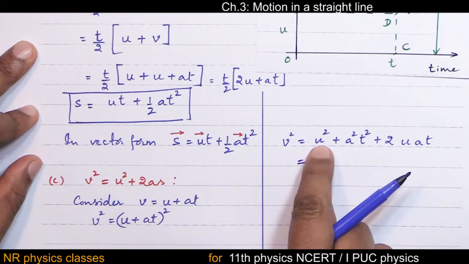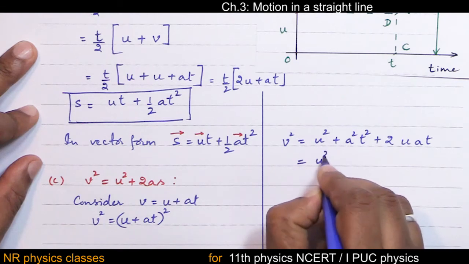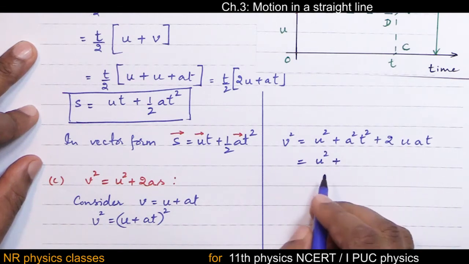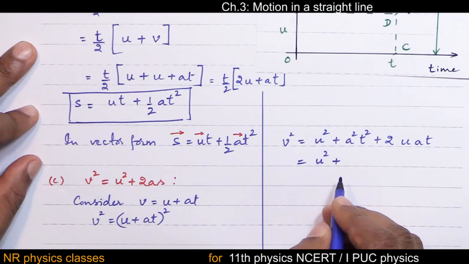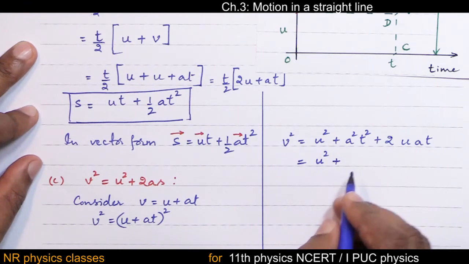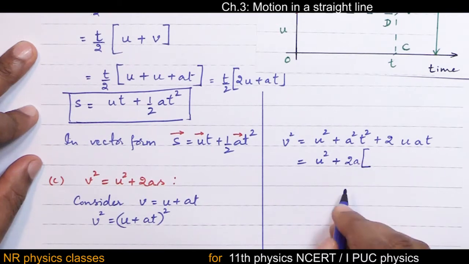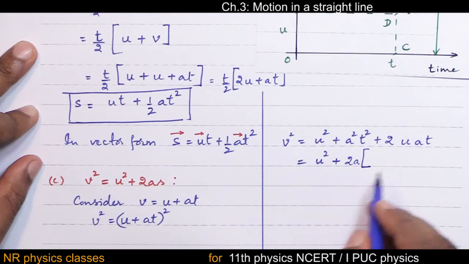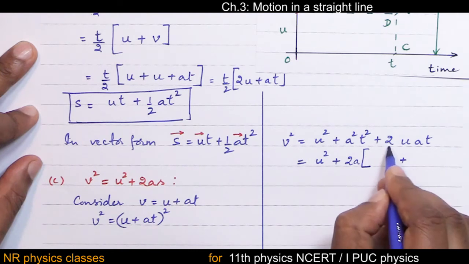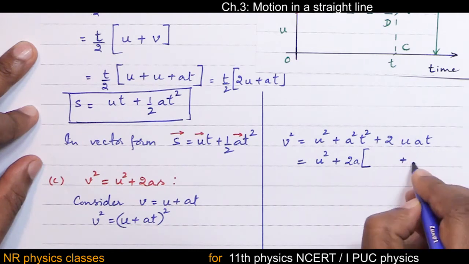There is U square, retain U square, plus take 2A as a common factor. From this, taking 2A common gives UT.